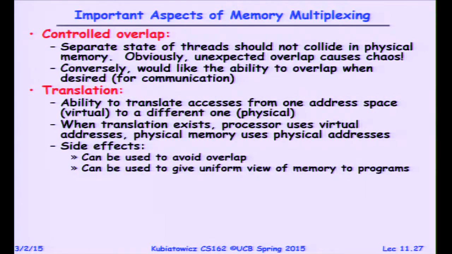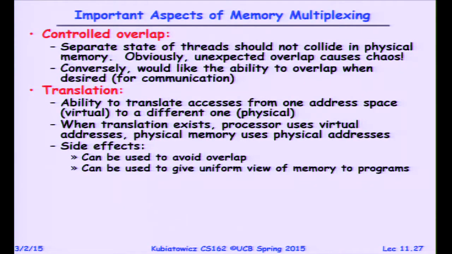So the second thing is translation, which is the ability to translate accesses from one address space to a different one. And the first address space we're going to call the virtual address space. This is the one the threads think they're in. And the physical address space is the one that's for real and actually being used. So virtual, real. And we're going to try to keep those separate.